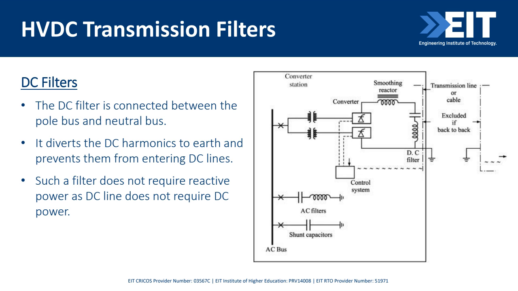In DC, pole has a different meaning, and we'll see later on. It diverts the DC harmonics to earth and prevents them from entering the DC lines. This type of filter does not require reactive power because the DC line does not have a reactive component. It is simply taking DC harmonics from the line and injecting them into the ground.